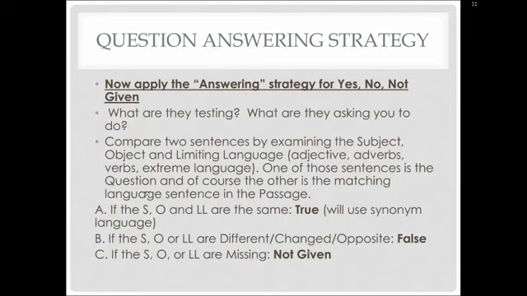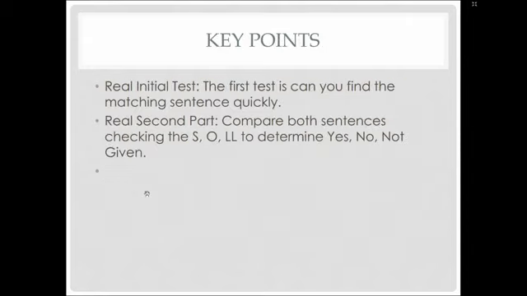If the subject, object, or limiting language are different, changed, or opposite, then you will put false. Now, C: if the subject, object, or limiting language are missing, then you will put not given. All right, that's how you recognize it.